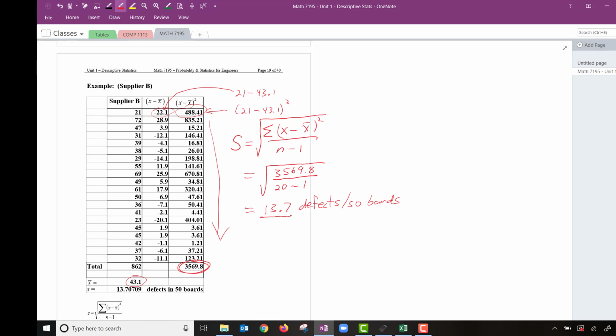Now, small is all relative. It's relative to the size of the mean. In this case, 13.7 is rather large compared to a mean of 43. Had this been a value of 0.137, that would be very small relative to a value of 43. And had this number been 137, that would be very, very large relative to 43.